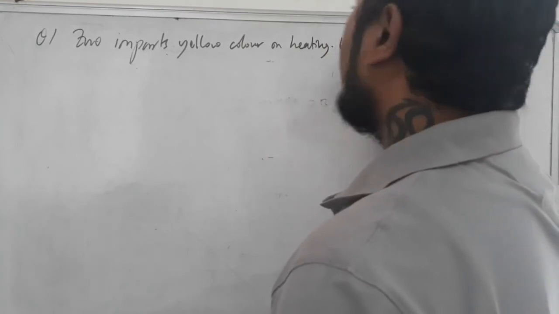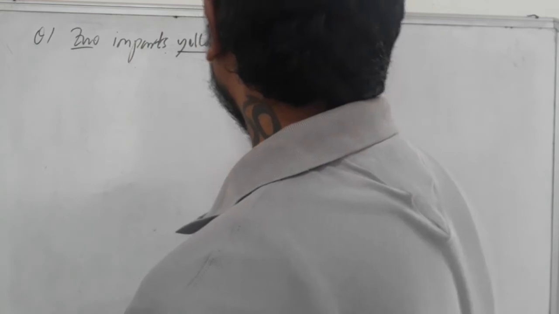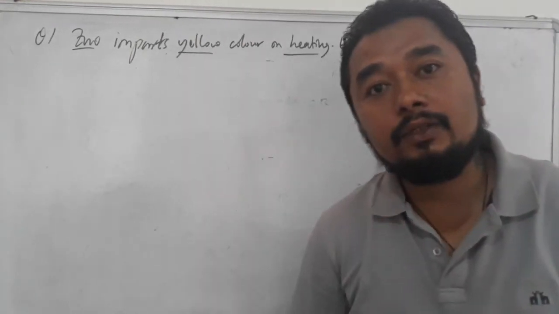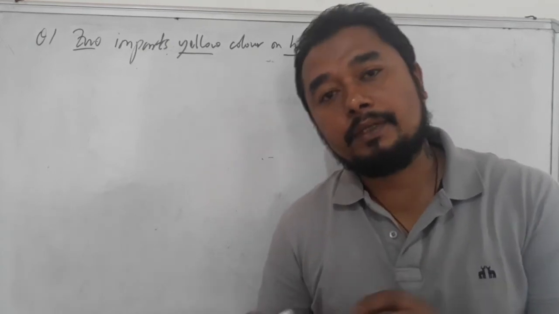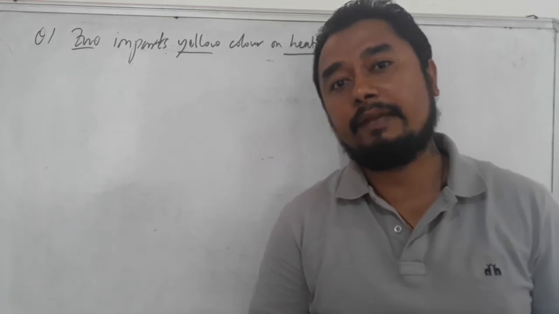Now many will say again it's because of F-center. As I said, all compounds are not colored because of F-center. It is an F-center only when an electron occupies an anionic vacancy.